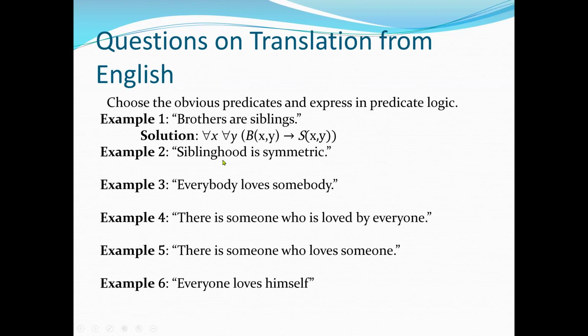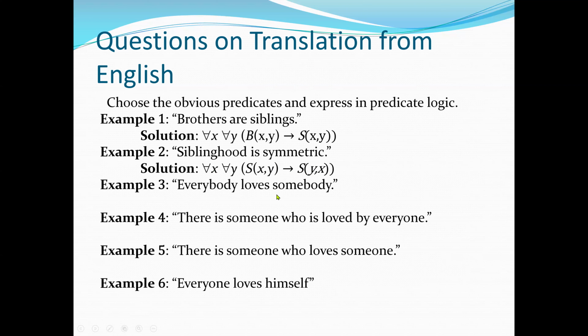And here we say simply sibling is symmetric. So we can say S(x,y) implies S(y,x), for all x and all y.